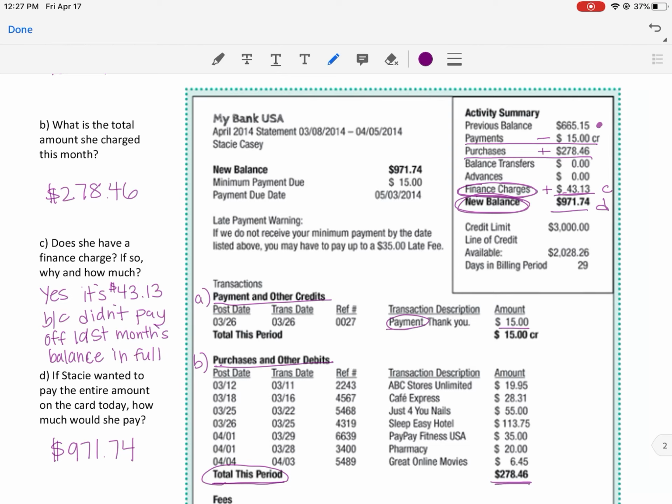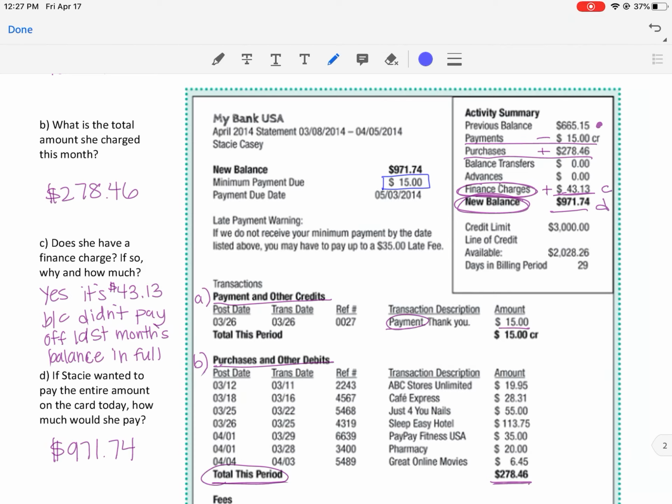Some other interesting things to point out: notice over here on the left, there's actually a minimum payment. This minimum payment of $15 means you can actually get away with just paying $15 a month on this credit card. But if you do that, you're going to end up owing a whole lot of interest.